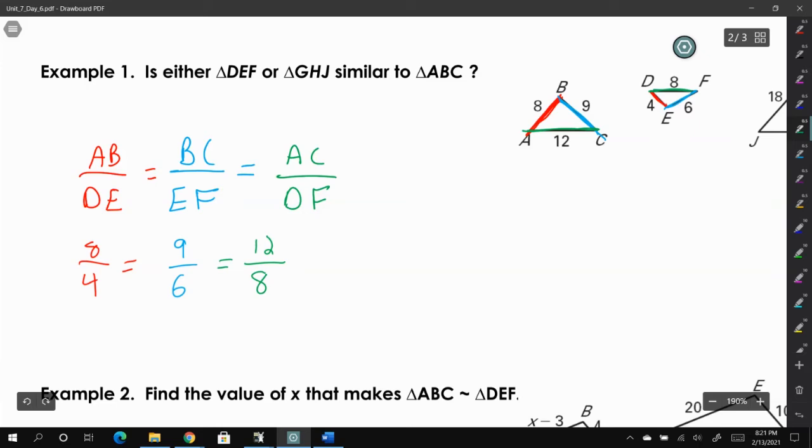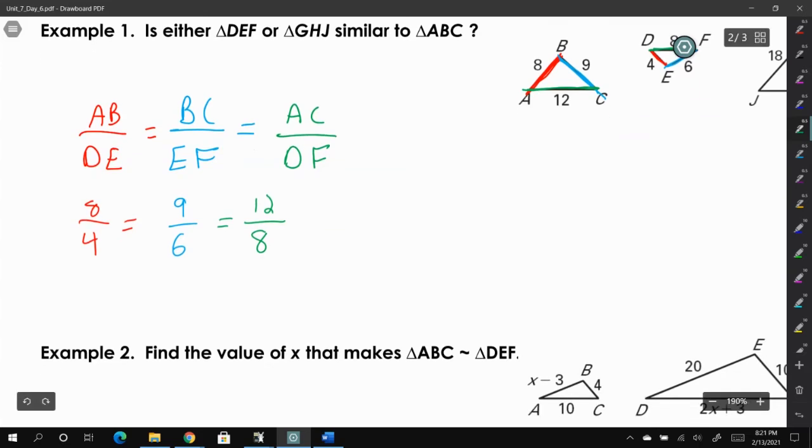Now these don't look similar, but let's simplify these fractions. 8 over 4 is 2 over 1. 9 over 6 is 3 over 2. And 12 over 8 is also 3 over 2. Well, these two are the same, but since all three of them are not the same, these are not similar. Not similar.